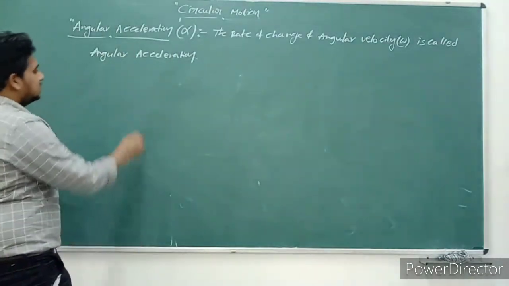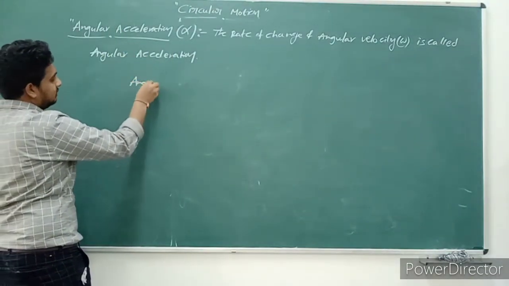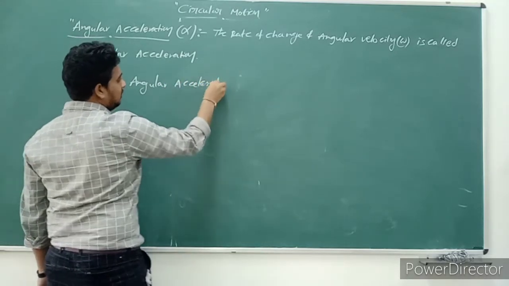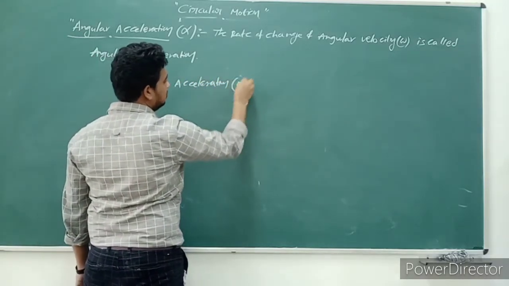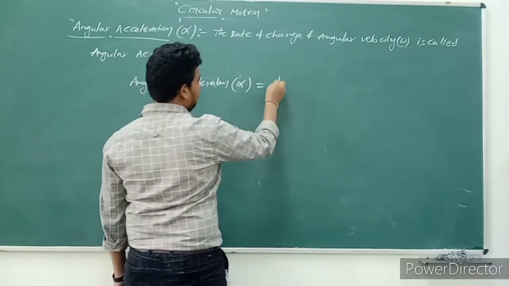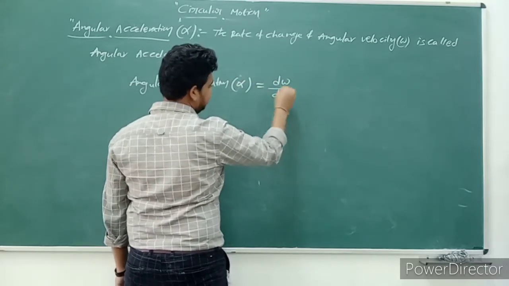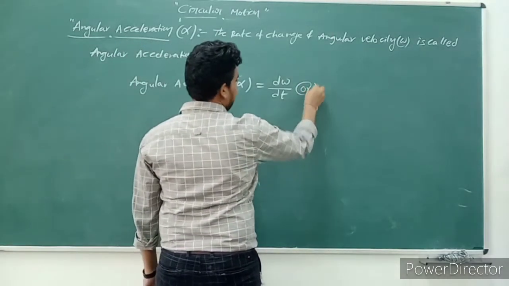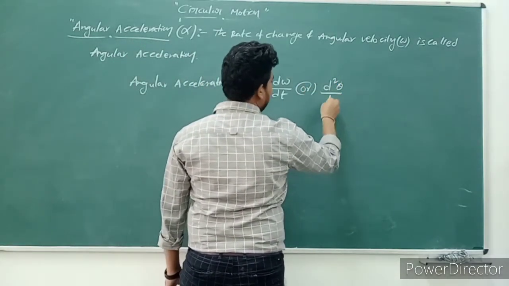The formula for angular acceleration: alpha is equal to d omega by dt, or d square theta by dt square.